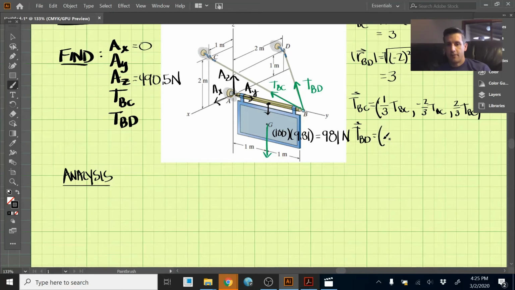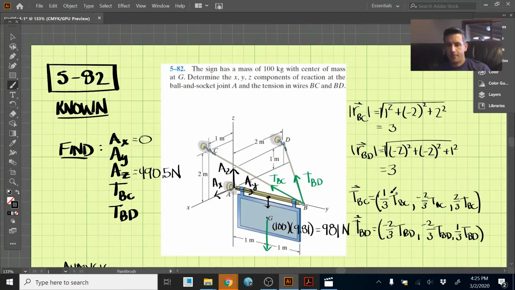All right, so we have negative 2 over 3 TBD in the I direction, negative 2 over 3 TBD in the J direction, and lastly, 1 over 3 TBD in the K direction. So those are right there.